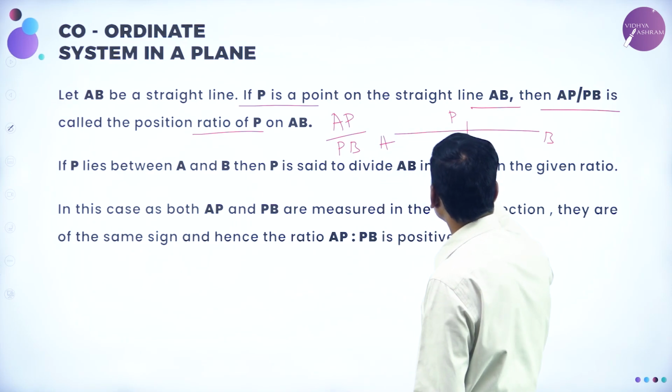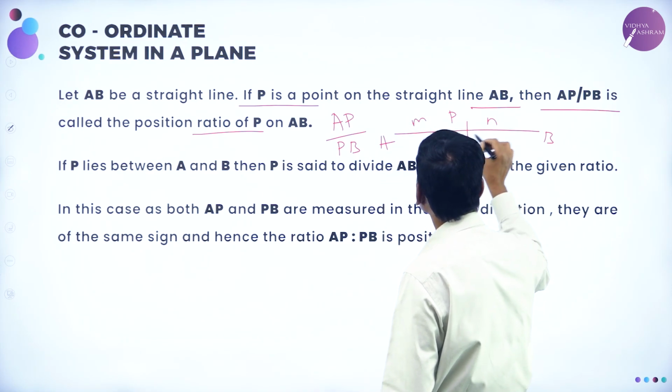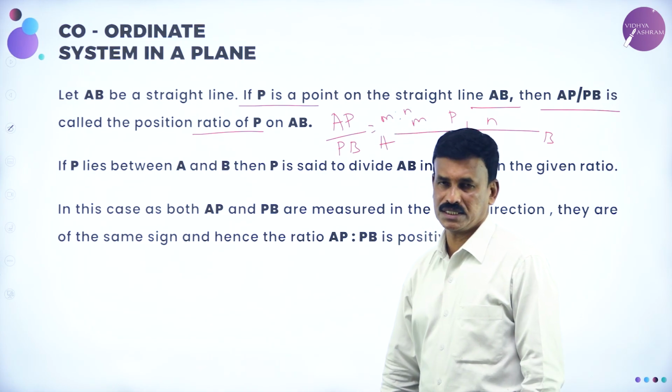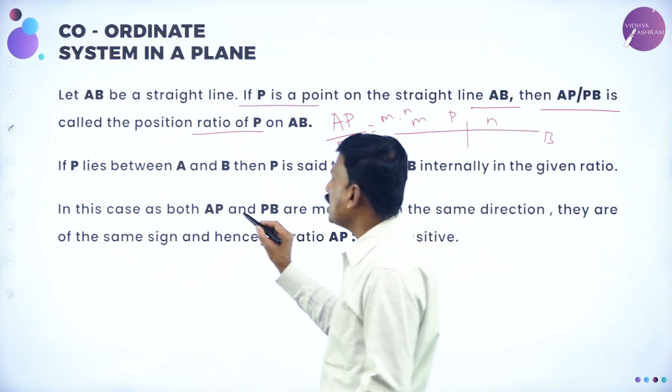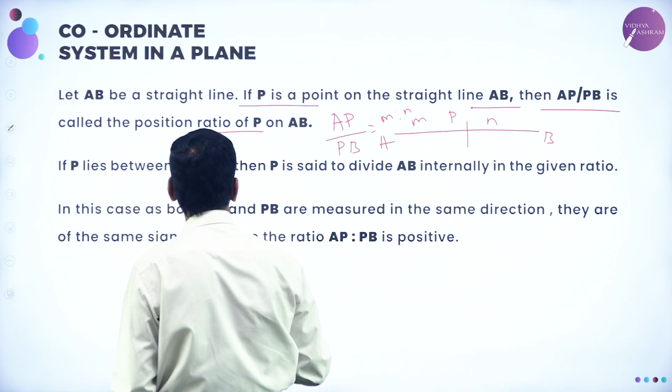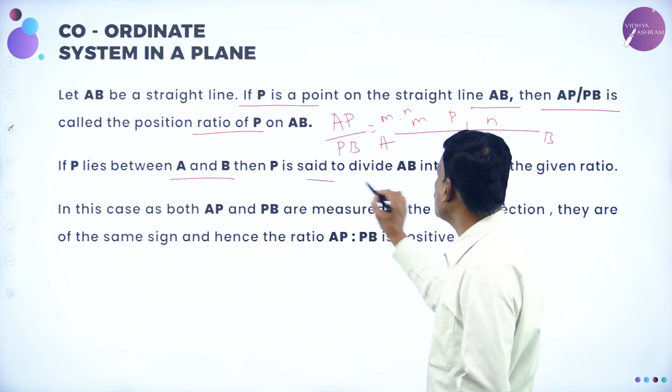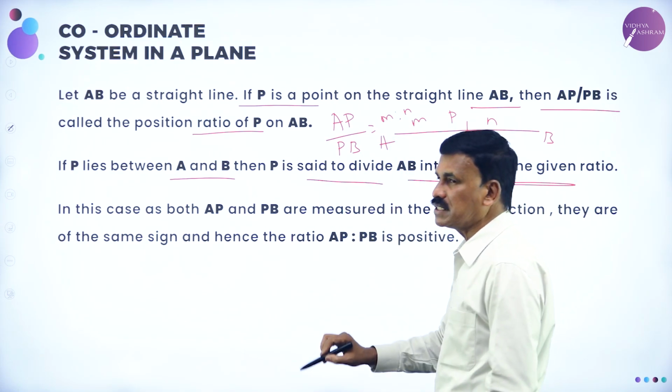Sometimes we can also write it as M and N, so the position ratio is M by N. Now, if a point P lies between A and B, then P is said to divide AB internally in the given ratio.